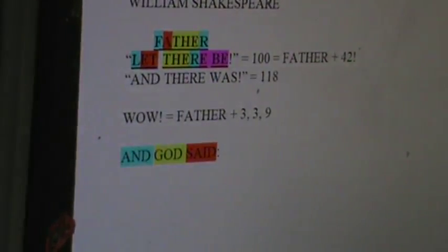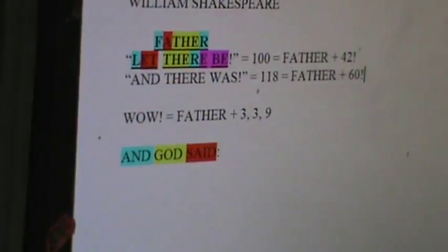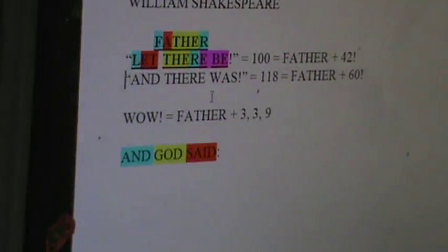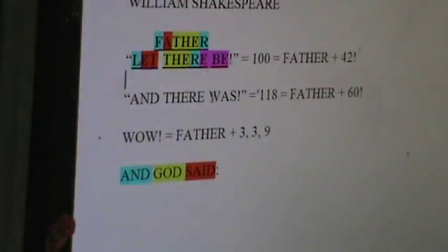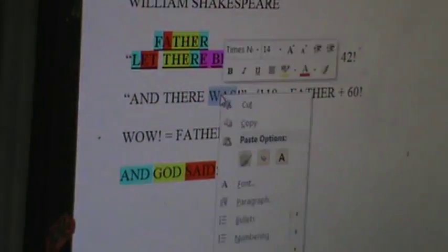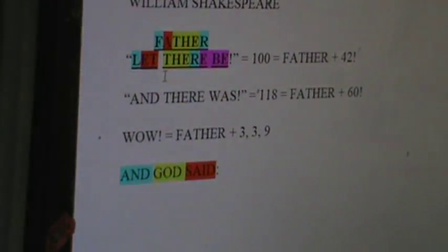Equals 118 equals Father plus 60. There's your 6's again. I'm going to do a painting again for and there was, to the glory of the Father. Let there be, and there was. And plus 1. There plus 2, was plus 1, just like the design of let there be.